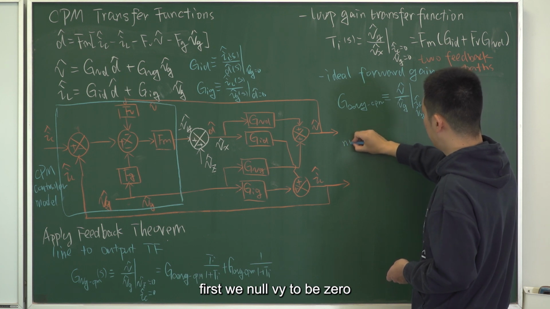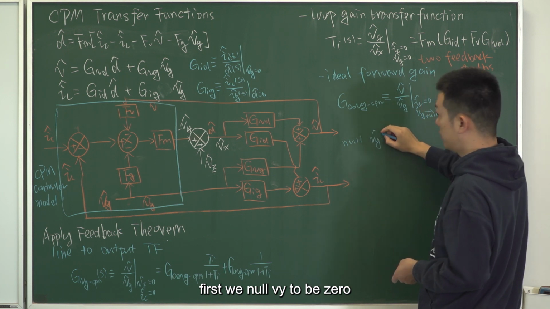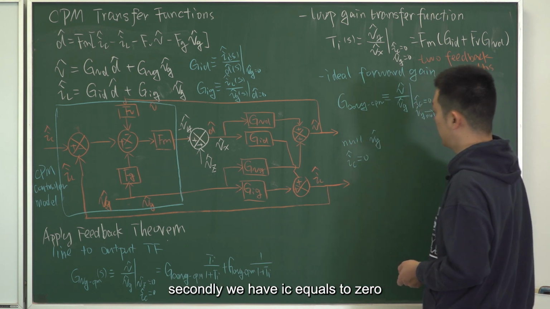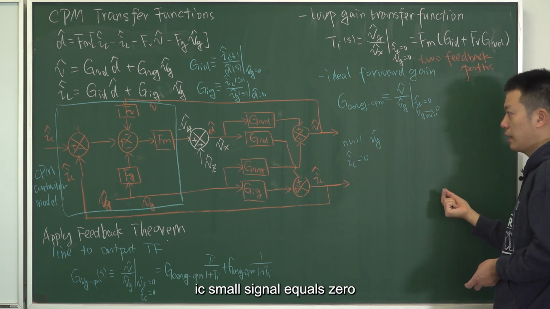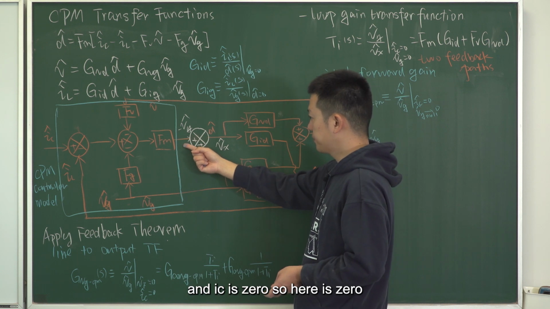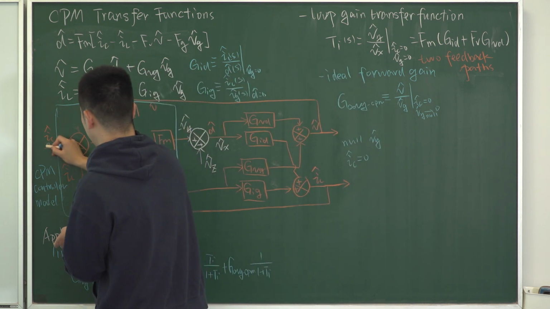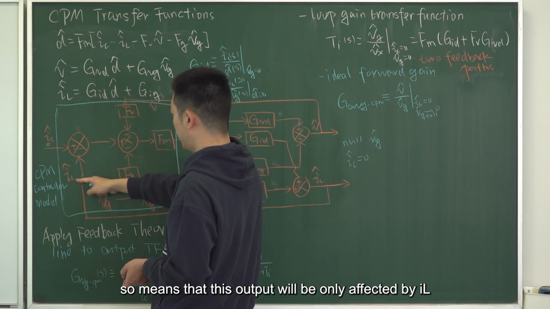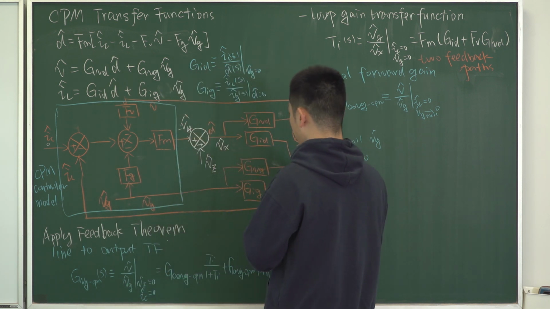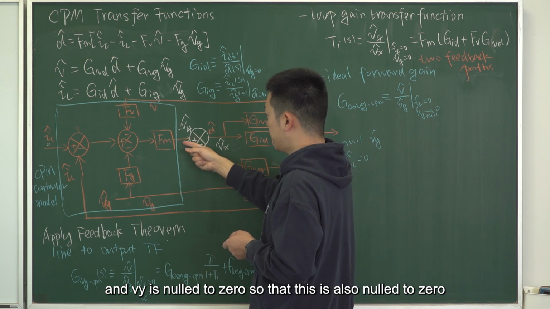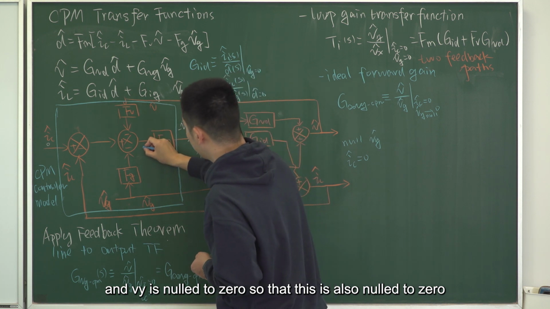First, we know Vy to be 0. Secondly, we have IC small signal equals to 0. So Vy is now 0, and IC is 0. So this means that the output will be only affected by IL. And Vy is now 0, so that this is also now 0.